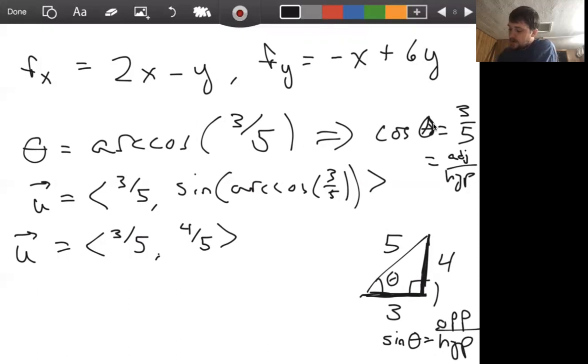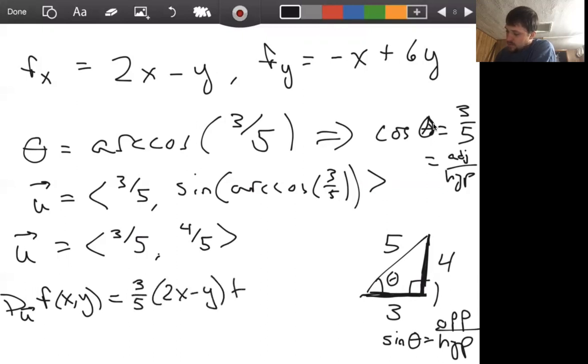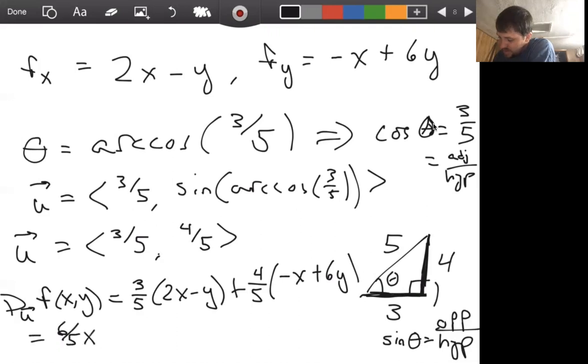Great. And so now the directional derivative of f in the direction of u is going to be 3/5 times the partial derivative with respect to x plus 4/5 times the partial derivative with respect to y. And I guess we could clean this up a little bit here. We'll get 6/5 x minus 3/5 y minus 4/5 x plus 24, not 64, 24/5 y.